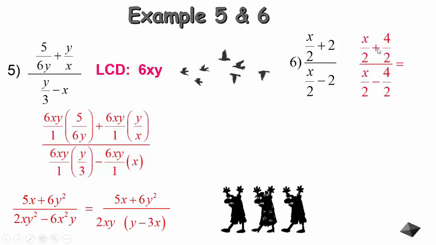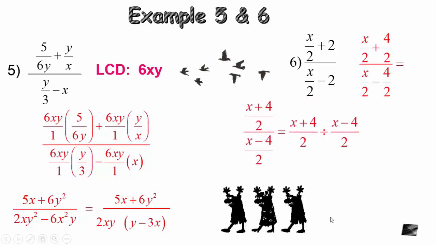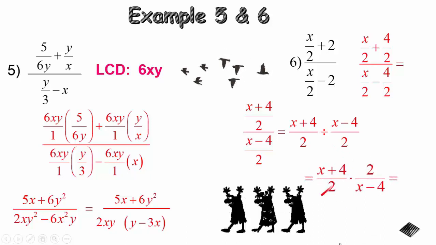Here I do it, and now I have 2 in the bottom, 2 in the bottom here, so it's nice to combine those. So I combine them, and then I turn them both into a regular division problem, and then into a multiplication problem. I see my 2's cancel out, and I get my final answer, x plus 4, x minus 4.